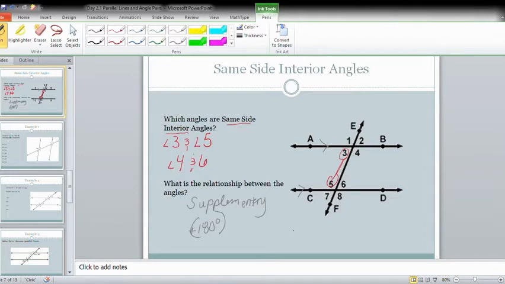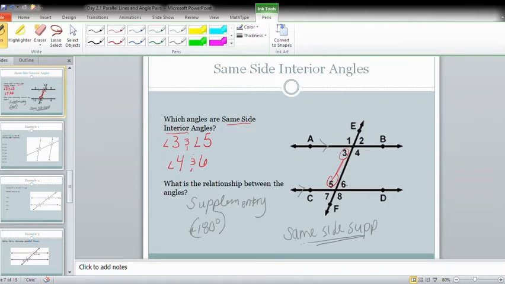So how do I remember this? I say same side sup. Same side sup. And this is because of our relationship with alternate interior angles. So 3 and 6 are alternate interior angles, and we know those are congruent.